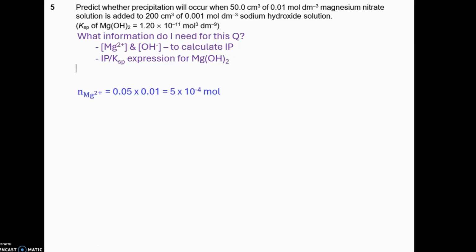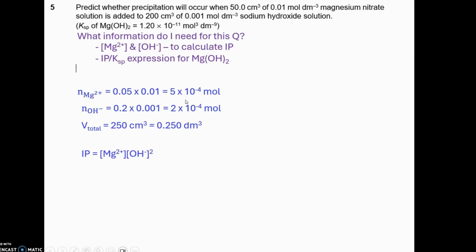So the amount of magnesium ions is given by the volume multiplied by the concentration, which is this amount, and the amount of hydroxide ions will be 0.2 times 0.001, which will give you this amount.